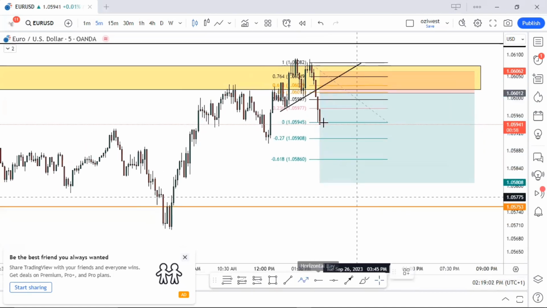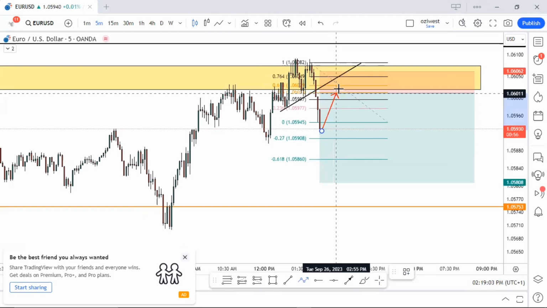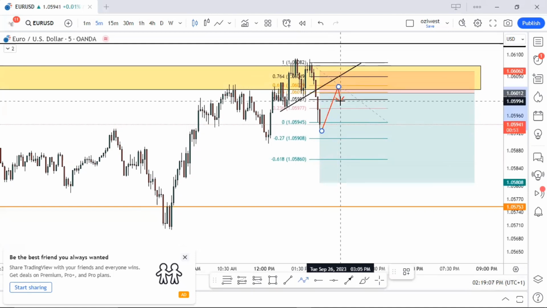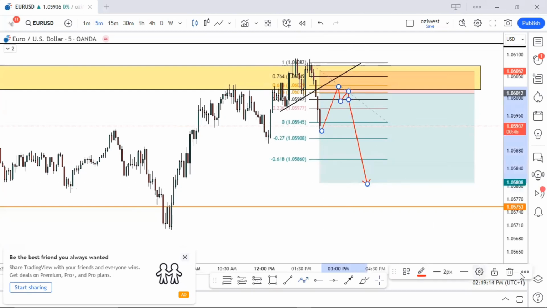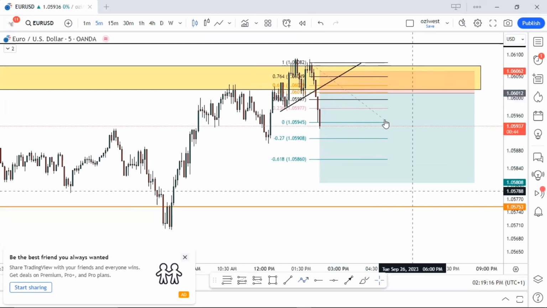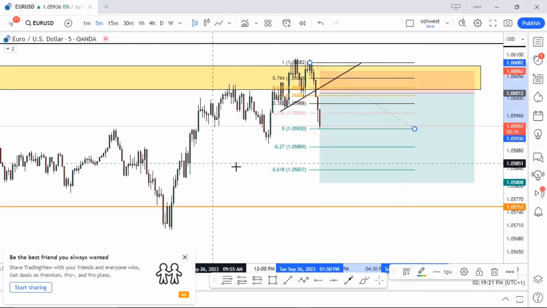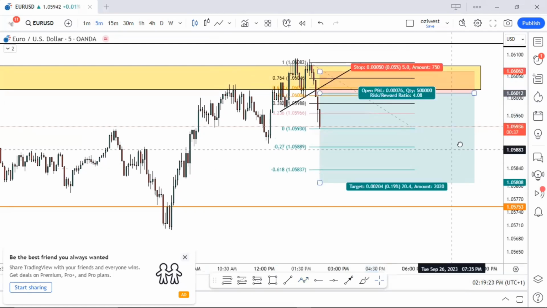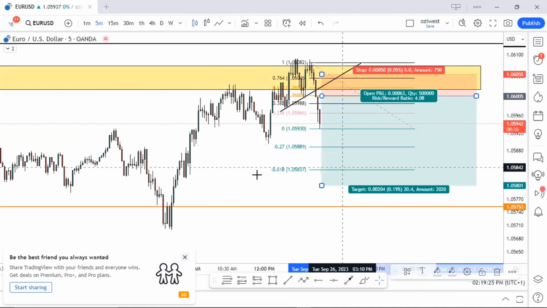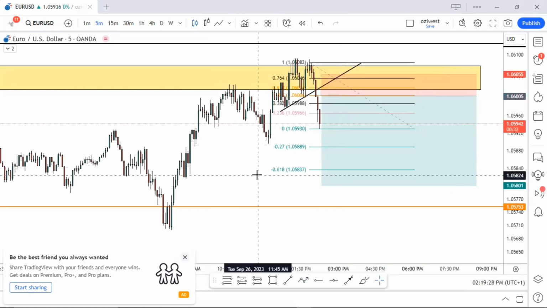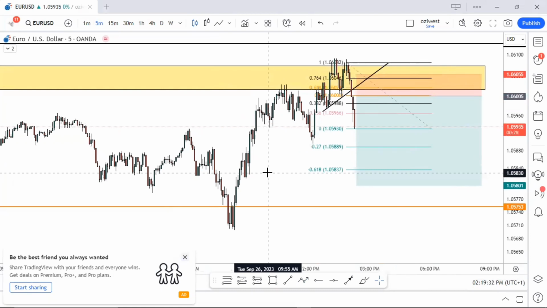Normally I'm supposed to wait for a pullback, then a bearish engulfing candlestick somewhere there, then execute. For this one I'm going to use a limit order. Price is still pushing, so I'll keep adjusting my fib. I'll keep you guys updated.